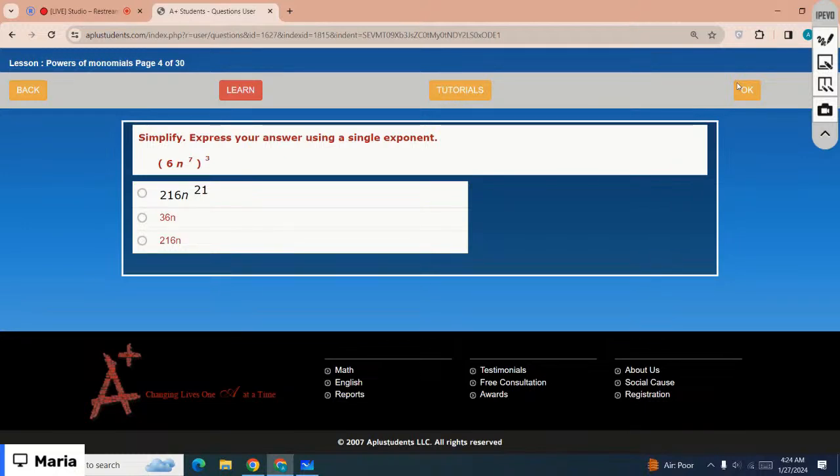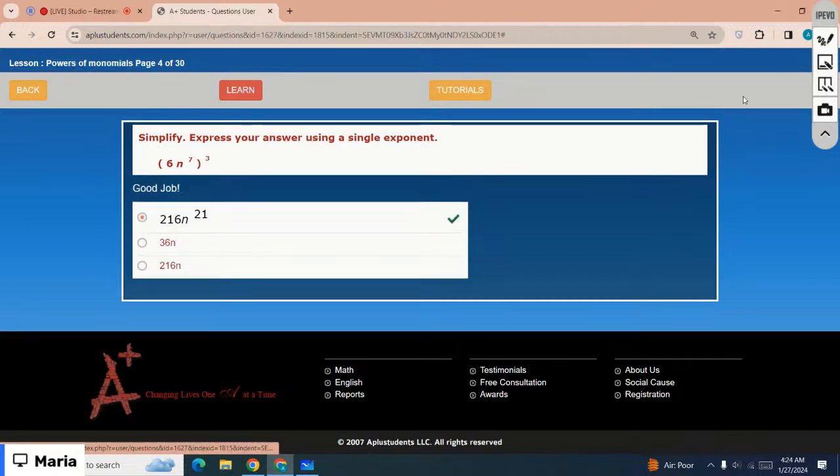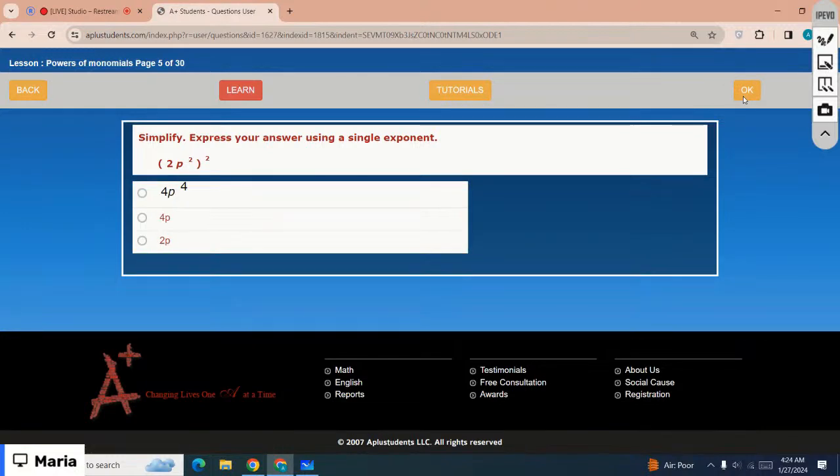The correct option is option number 1, that is 216n exponent 21 is the correct option. The next one is simplify 2p square, the whole exponent is 2. So which is the correct option?